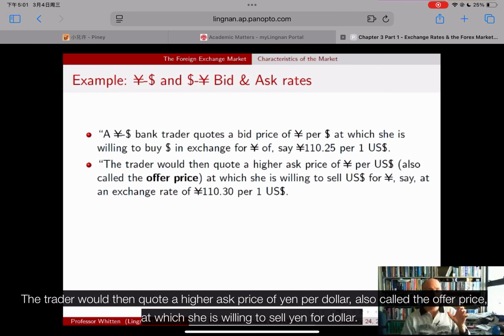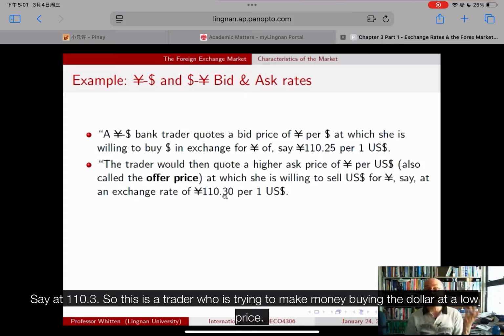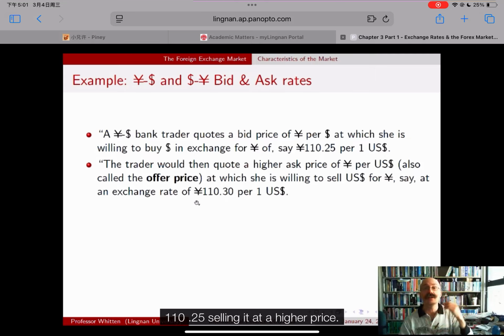The trader would then quote a higher ask price of yen per dollar, also called the offer price, at which she is willing to sell dollars for yen, say at 110.3. So this is a trader who is trying to make money buying the dollar at a low price, 110.25, and selling it at a higher price, 110.3.